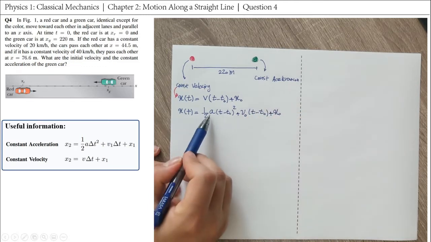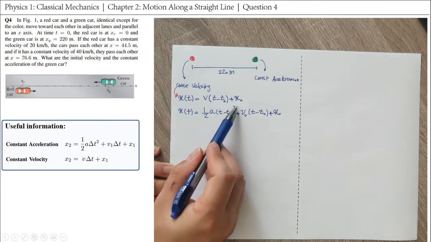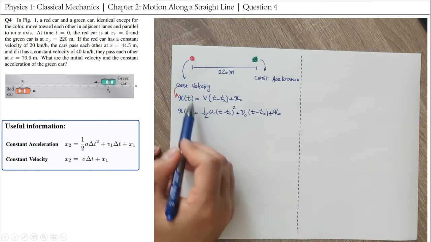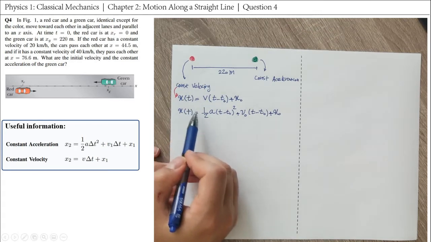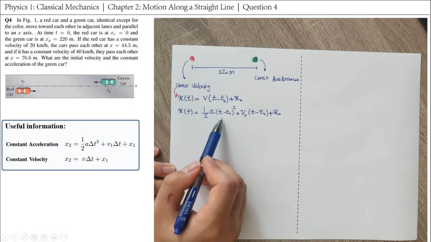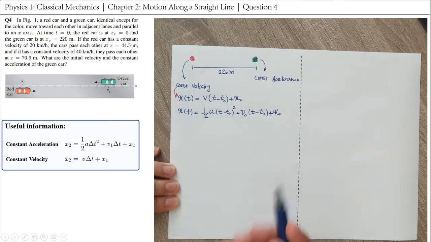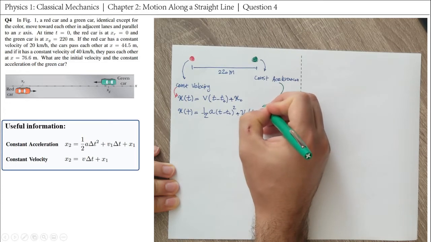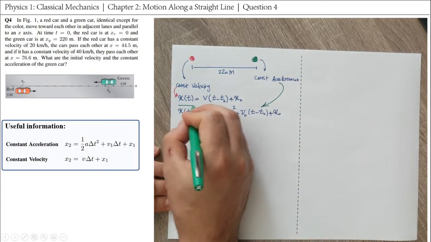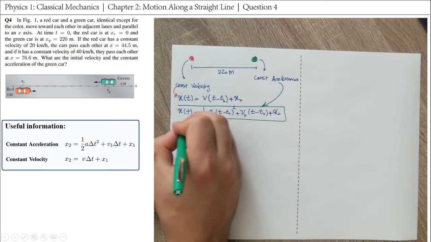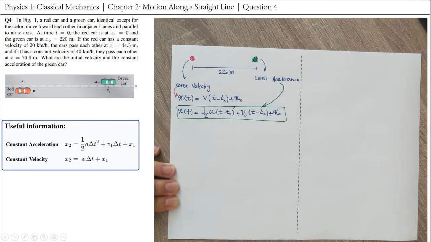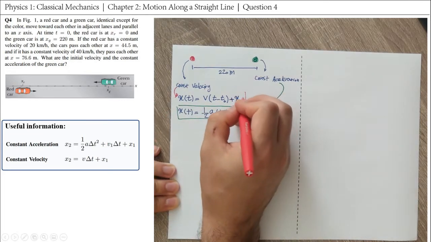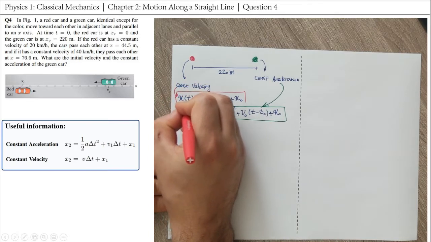As you can see, if you change a to 0, this term will vanish and these two will be the same, which makes sense because acceleration equals 0 means constant velocity. So we have the constant acceleration equation, and we have the constant velocity equation here.